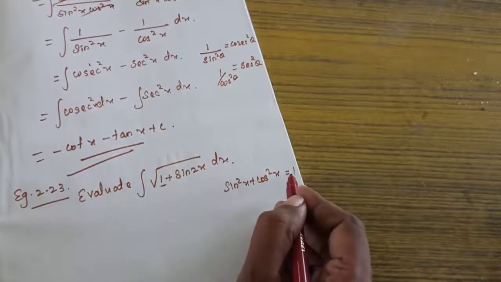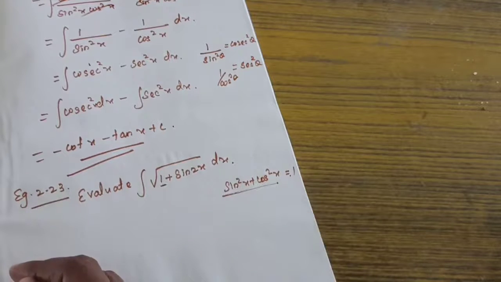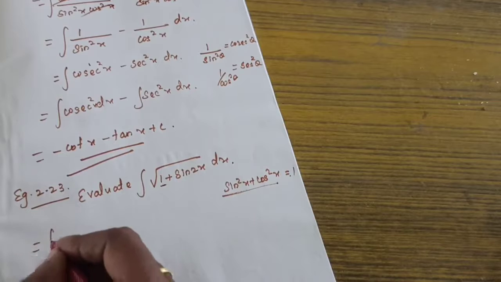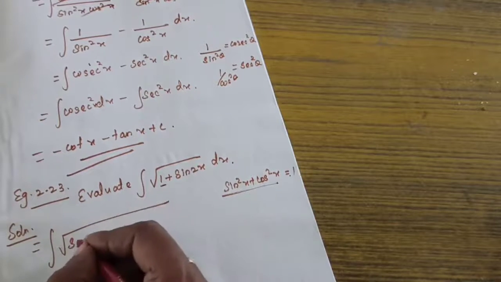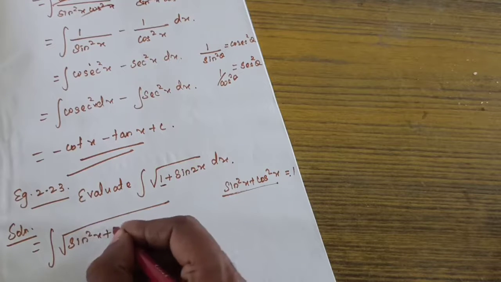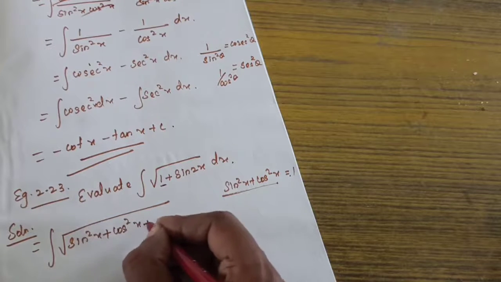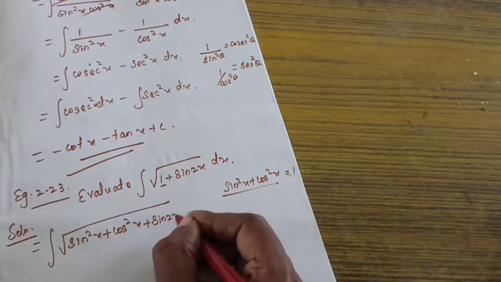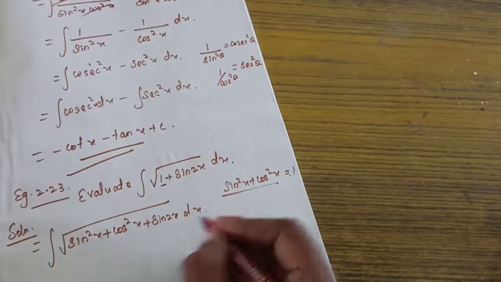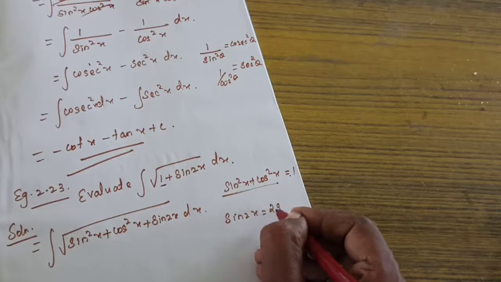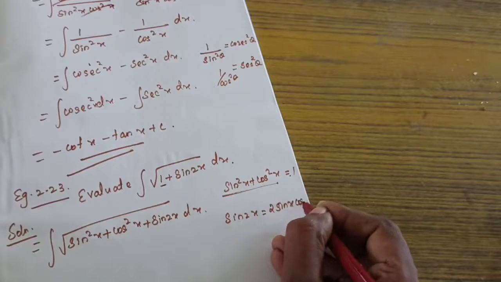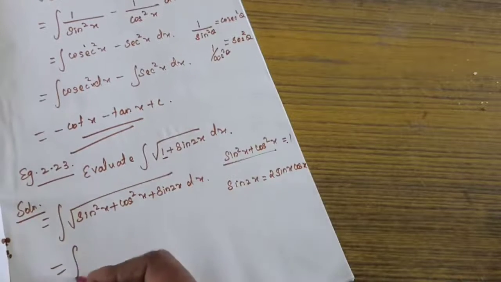So in the place of 1, shall I write sin square x plus cos square x? Okay, we can write integration of square root of sin square x plus cos square x plus sin 2x dx. So sin 2x, you have learned one formula connecting cos and sin, that is 2 sin x cos x. So shall we substitute here?